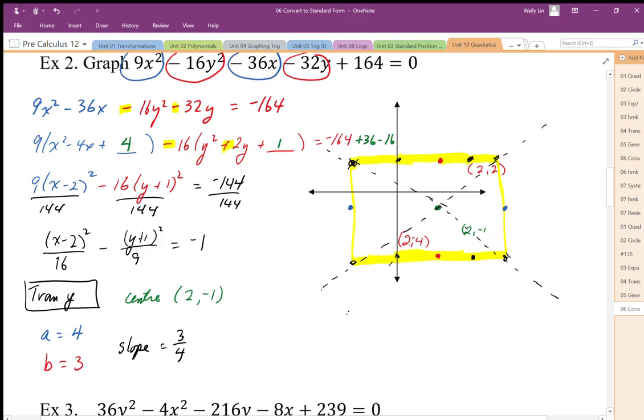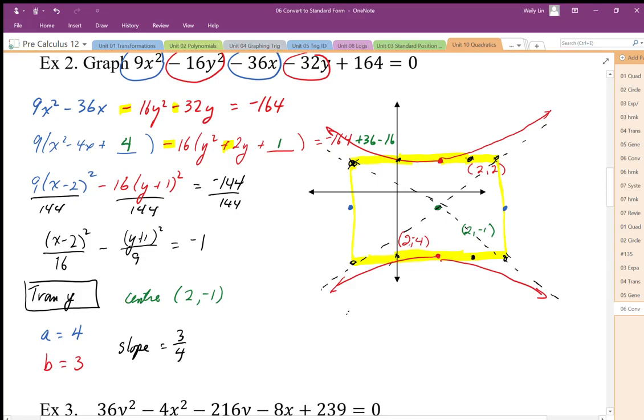Okay, so there's my slope of 3 over 4. And I've already identified that it's a trans y graph. So I'm going to draw it through in this way. Okay, so there's my trans y hyperbola.